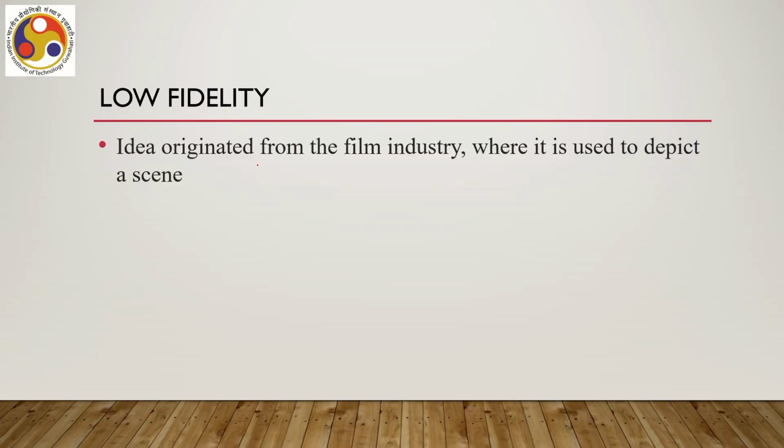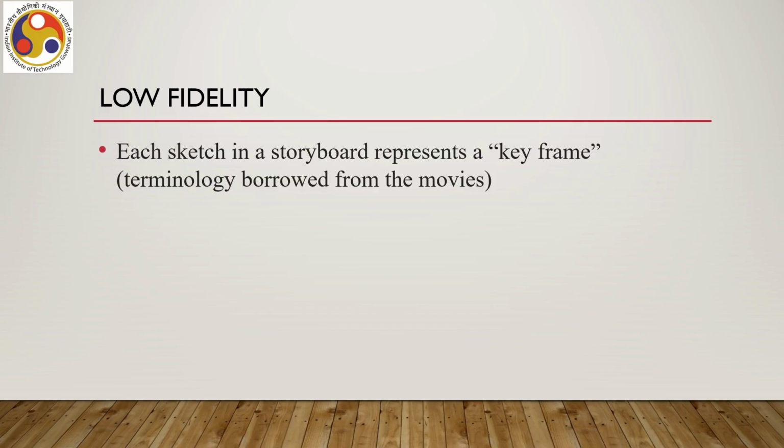The idea originated from the film industry, where it is used to depict a scene. Typically, for animation movies, this is more commonly used. Now, each sketch in a storyboard represents a keyframe, again a terminology borrowed from the film industry.